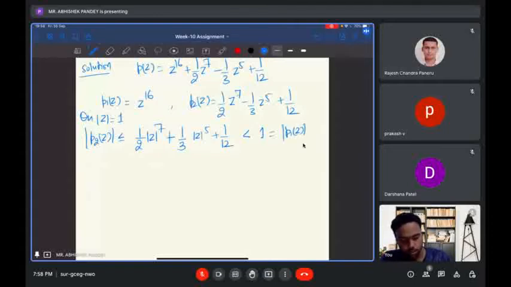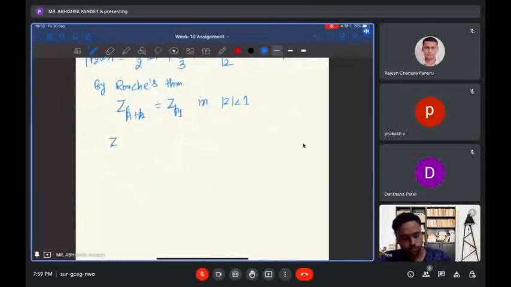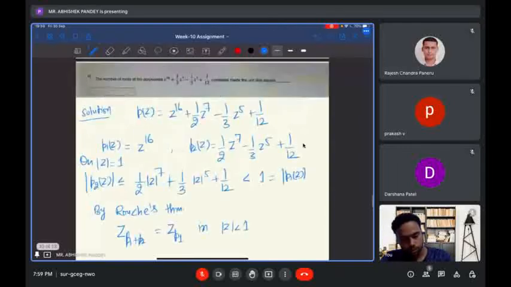So by Rouche's theorem, the number of zeros of p1 plus p2 equals the number of zeros of p1 in mod z less than 1. So the number of zeros of p is 16. So the answer is 16.